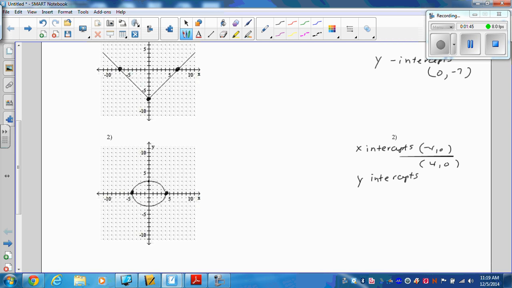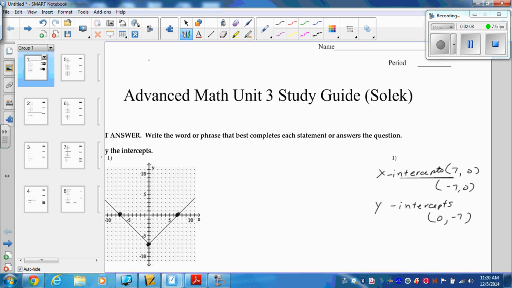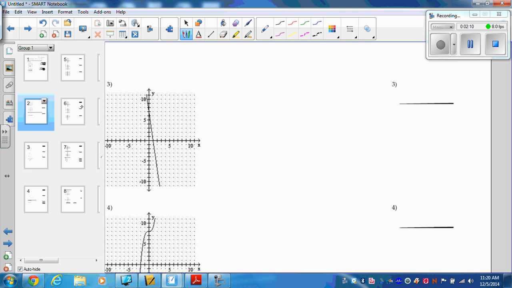They are up and down. And those will be 0, negative 3 for the bottom one, and 0, 3 for the top one. So 4 intercepts for this one. So moving on to the next page.